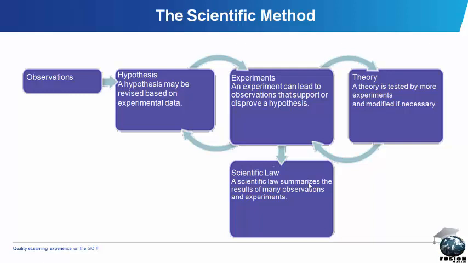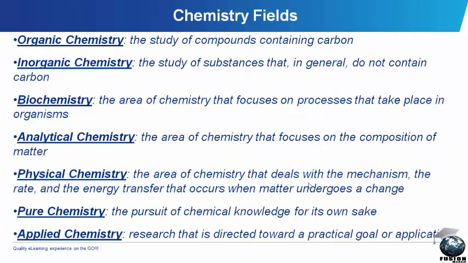Your theory may also lead you to find out more information, which may lead to modification of theories where necessary, and eventually we come to the scientific law, which is a summary of everything we have been studying.